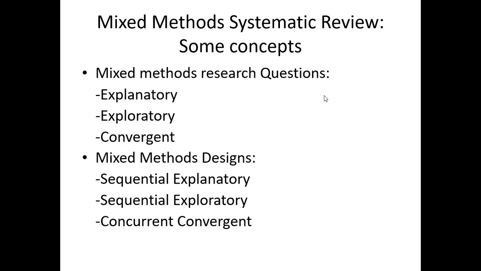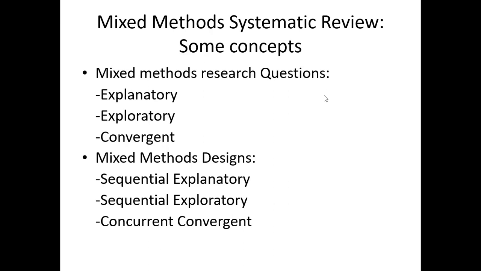Mixed method research questions. So the question that you may have can be explanatory, exploratory, or convergent. Okay. Now you need some specific design according to those questions. You can do the sequential explanatory design, sequential exploratory, and the concurrent convergent.